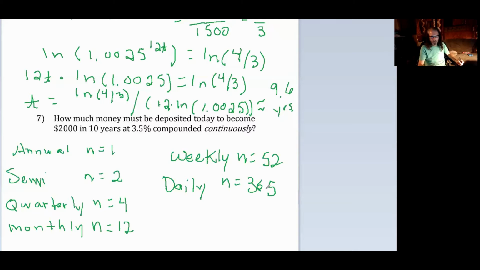You can keep on breaking that down. Every hour, every minute, every second, every half second, or tenth of a second, whatever.